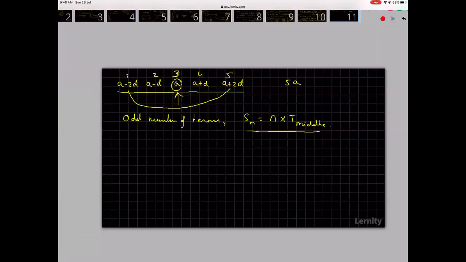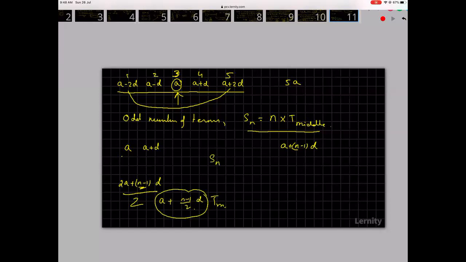Whenever you have an odd number of terms, you see the first is A, then A plus D, and the last one is A plus (N minus 1)D. So when you add these two, you will get 2A plus (N minus 1) into D. Now because N is odd, this N minus 1 will be even. So when you divide it by 2, you will get A plus ((N minus 1) by 2) into D. That will give you the middle term.